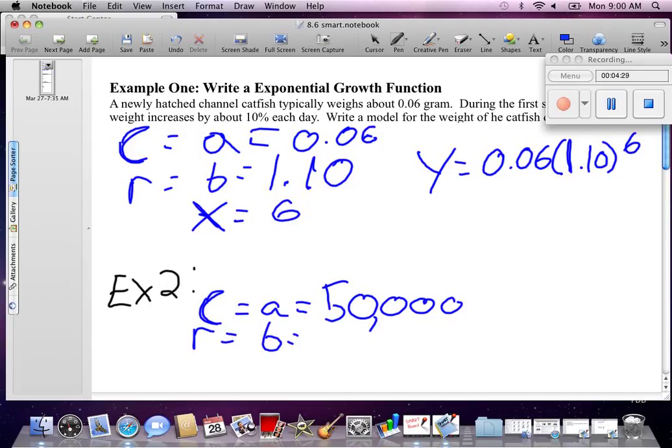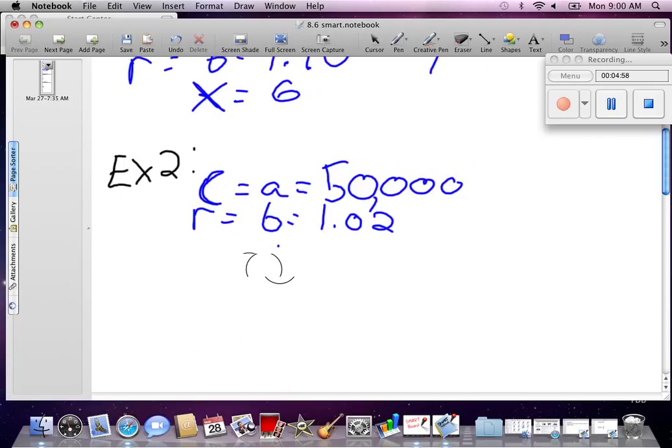Christian, what's my B or my rate? Look at your paper. Where does it give you a percentage? For example 2. 2%. So we're going to make that into 1.02. So we're always adding a 1 to it. Do we know the X? Do we know the time? No. So that's just going to be X. We're just going to leave it in variable form.